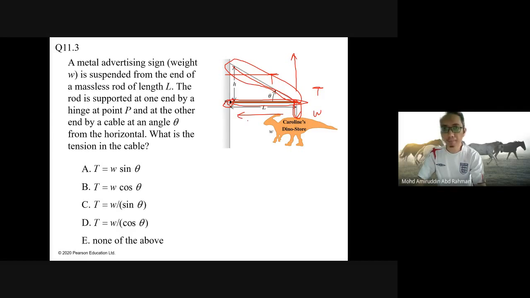So your Tx and also Ty. So how do you solve that?